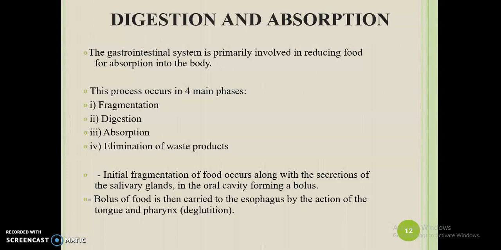Initial fragmentation of food occurs along with the secretions of the salivary glands in the oral cavity, forming a bolus of food that is then carried to the esophagus by the action of the tongue and the pharynx. So this is about digestion and absorption.